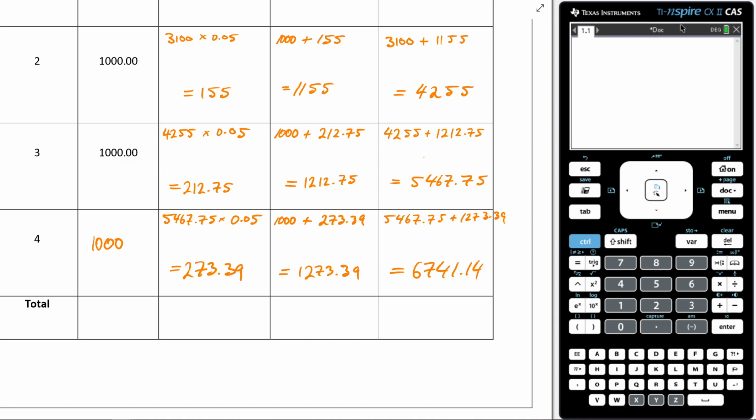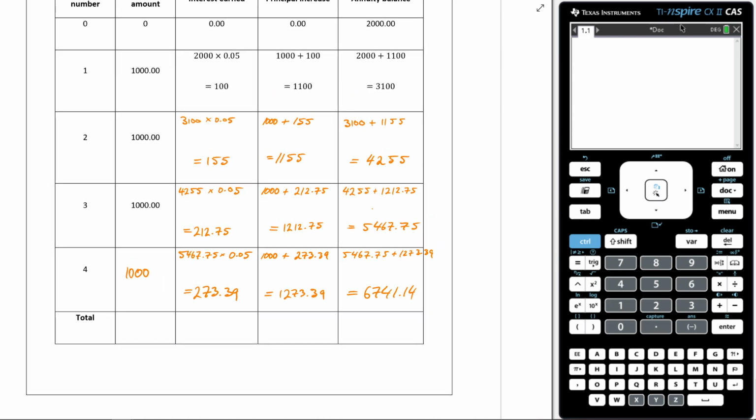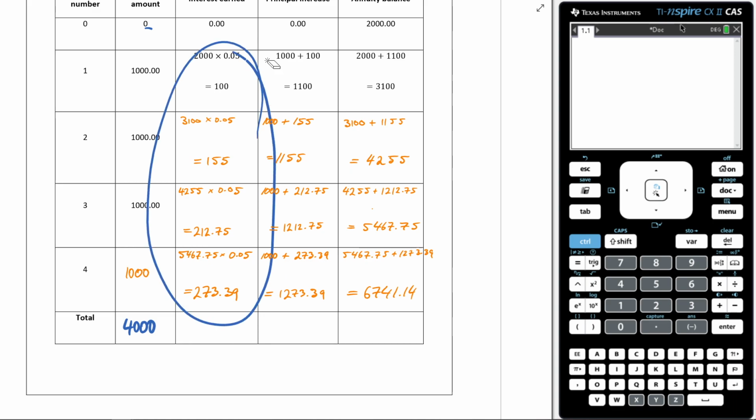Then we've got the total here. What's the total amount of payments that I'm making into this over the 4 years? It's going to be $4,000. What is the total amount of interest that is generated here? I'm just going to add up all the interest, and I end up with 741.14.